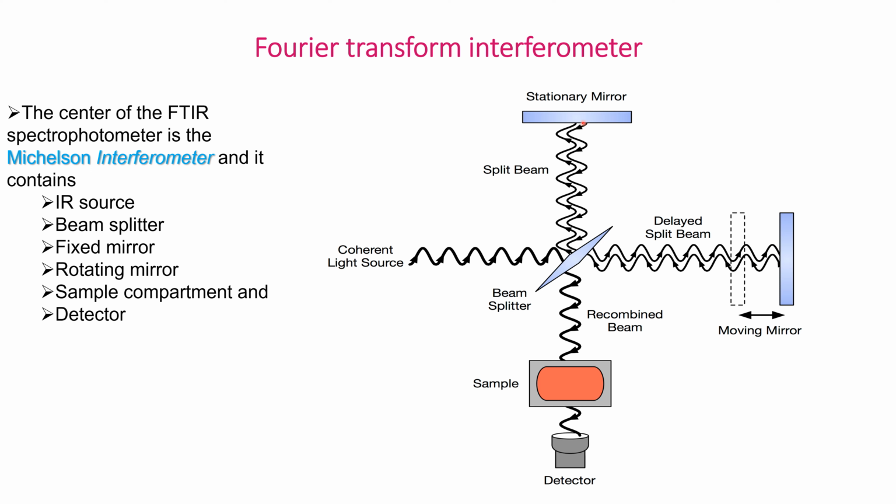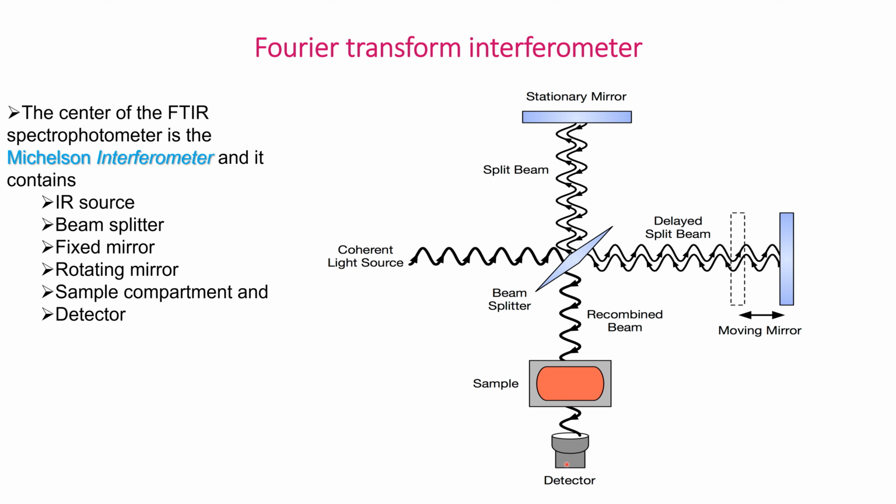Light from the fixed mirror is reflected again and transmitted through the beam splitter. Light from the moving mirror is reflected again, comes onto the beam splitter and is reflected again. Here both lights combine together and fall on the sample.